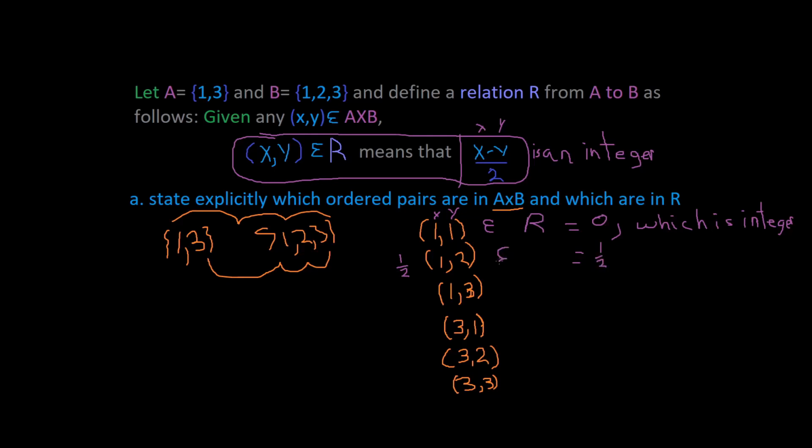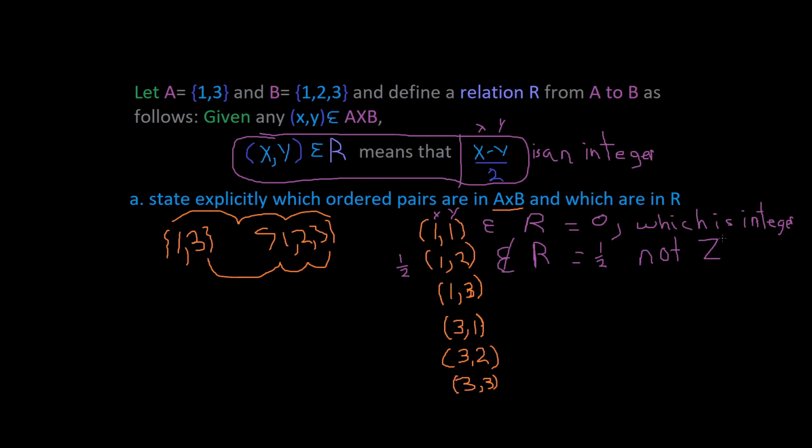And that's not going to be an integer, so it's not going to be in relation to our A cross B, which is our ordered pairs right here. So this is not an integer. And so I'm going to put Z for integer, because that's our integer sign.